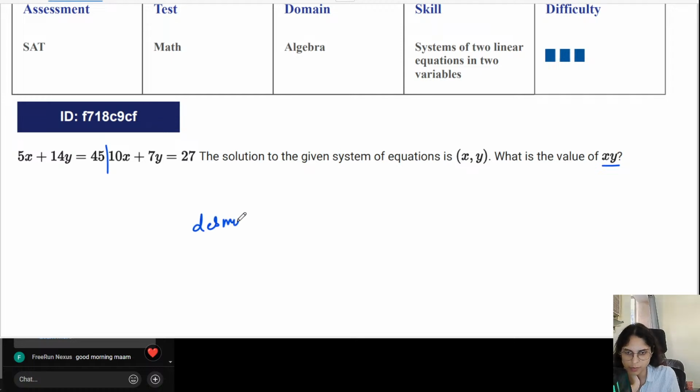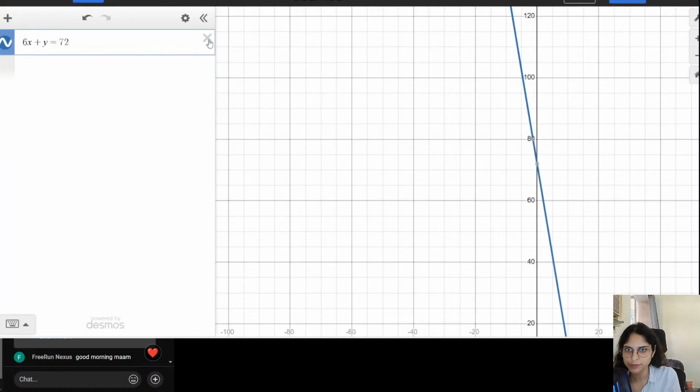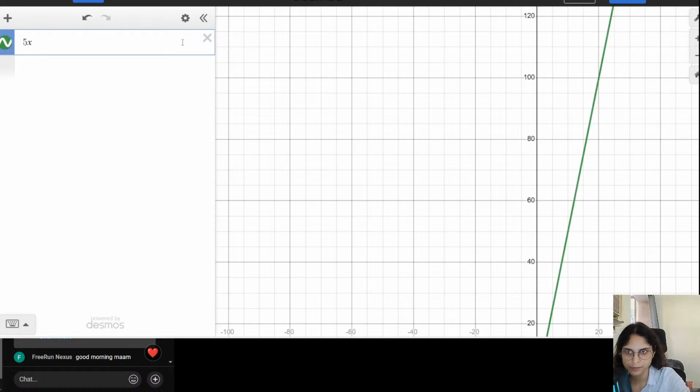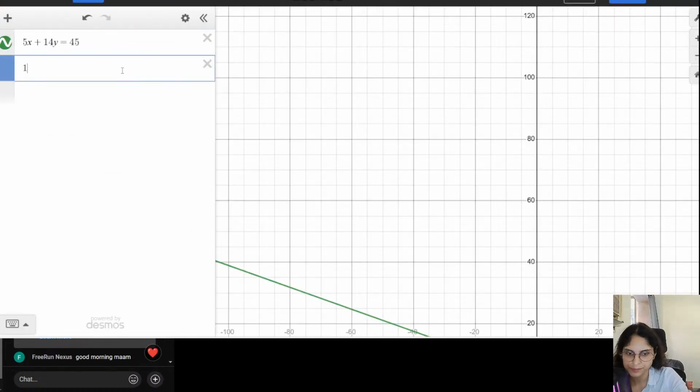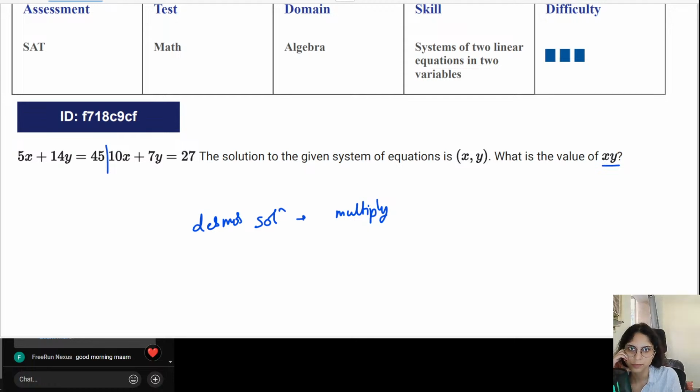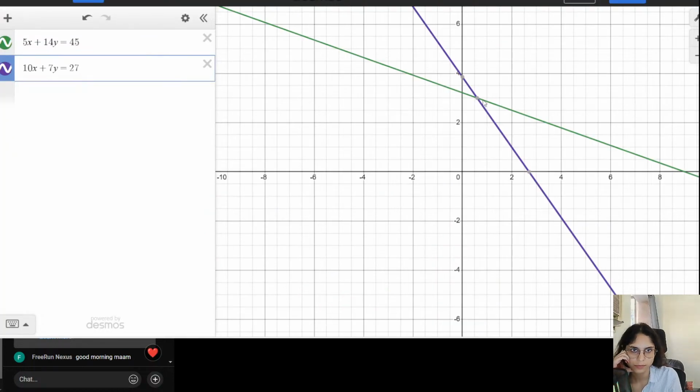So you directly use Desmos and then multiply them together. 5x plus 14y equals 45. 10x plus 7y equals 27. 0.6 comma 3.